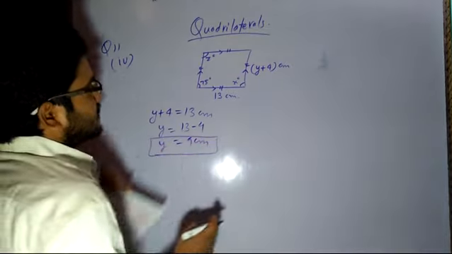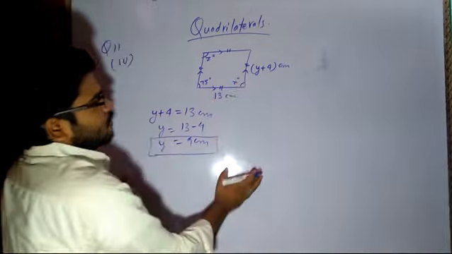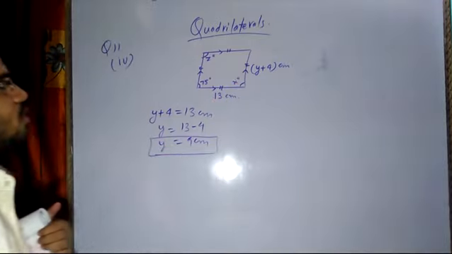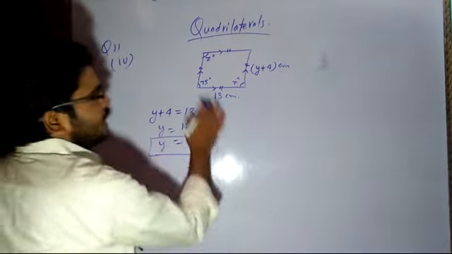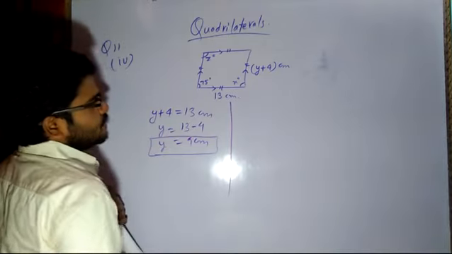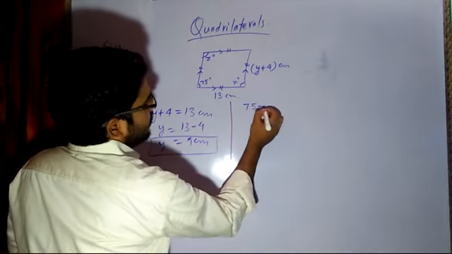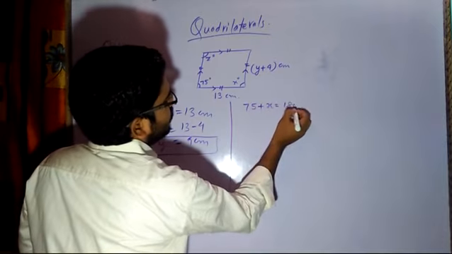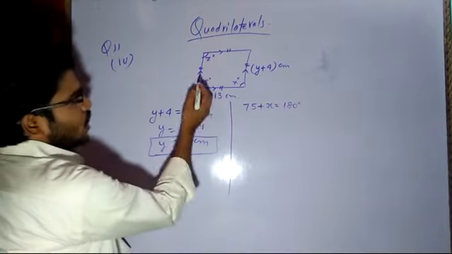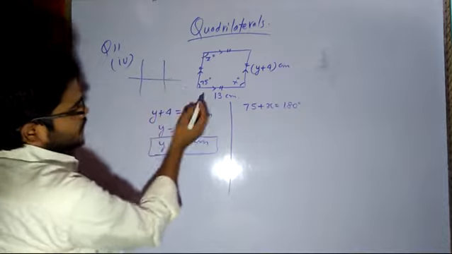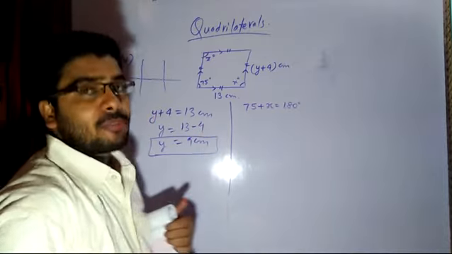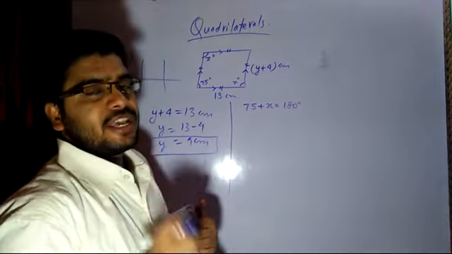Now, the second part: find the value of x and the value of z. Very easy. You can write 75 plus x is equal to 180 degree. Why? Because this and this form a co-interior angle pair.